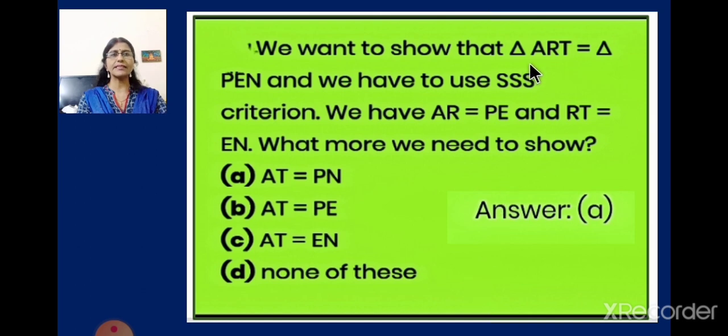Now here you can see AR is equal to PE. These are the two sides of both the triangles which are congruent. The next, RT is equal to EN. So the third side will be, you will take this, AT is equal to PN. So which is that option? Here this is option number A. So A is the right answer.